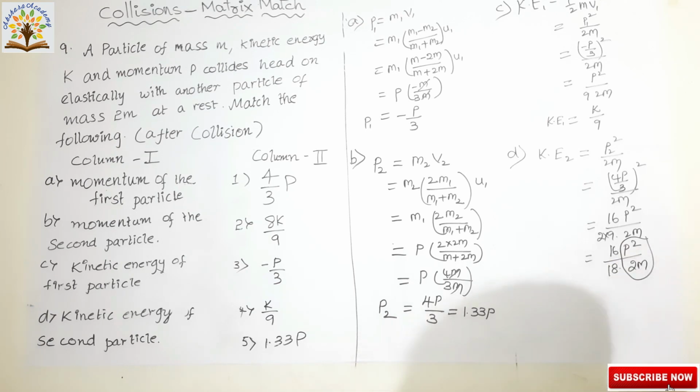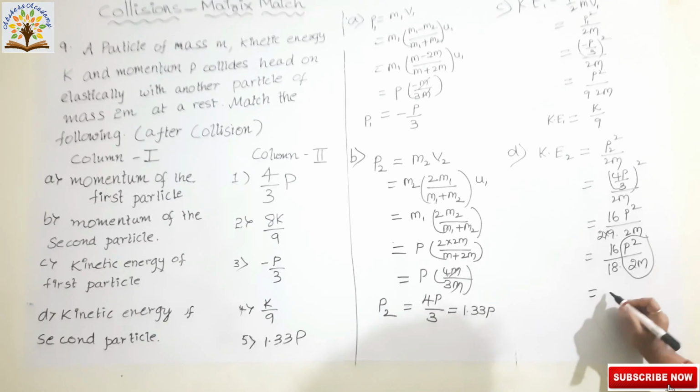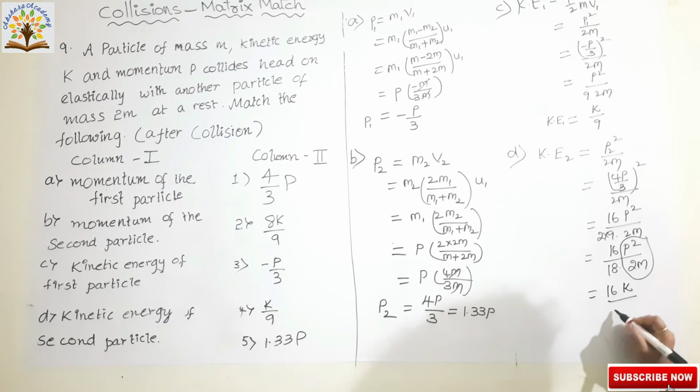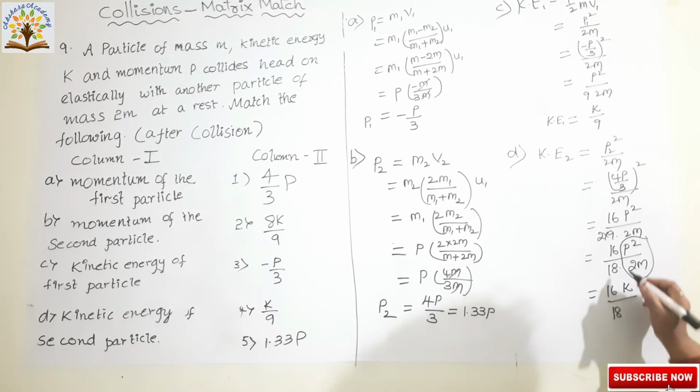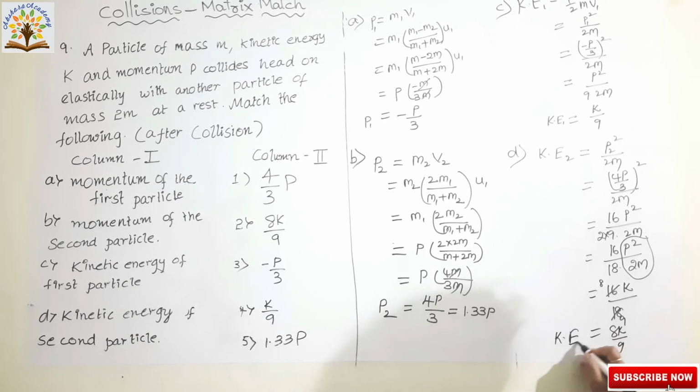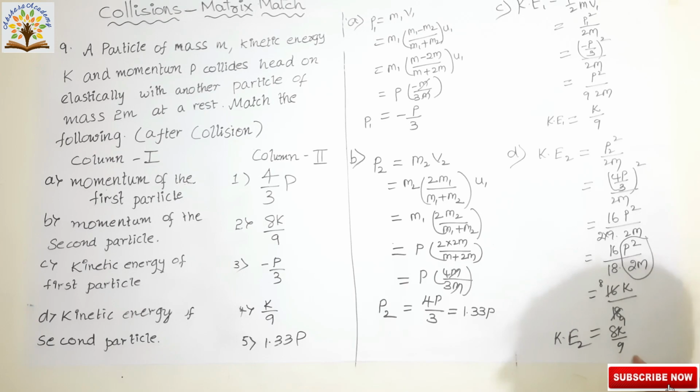This p square by 2m is written as K. So 16 by 18, here 2 eights, 2 nines, that is 8K by 9. This is the kinetic energy of the second particle, 8K by 9.